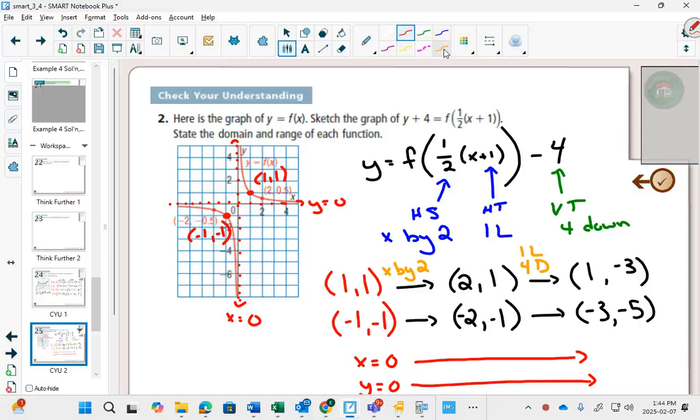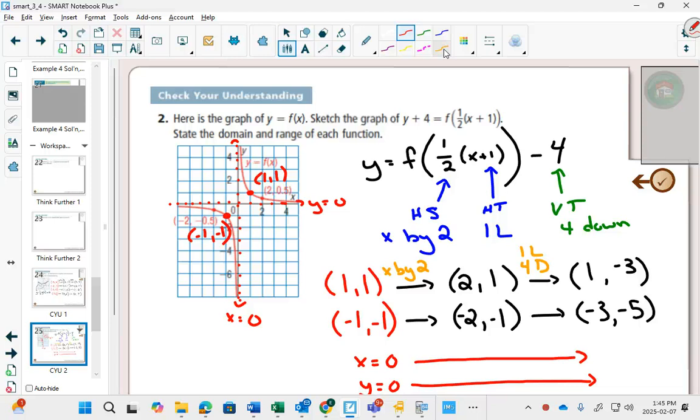If I multiply y by anything, it's still going to be 0. The only thing that's going to affect these asymptotes at 0 is if we move it left, right, or up and down. The vertical one, here it's pointing straight up and down. If you move that up and down, it makes no difference. The only thing that's going to affect the x equals 0 is if you move it left or right.